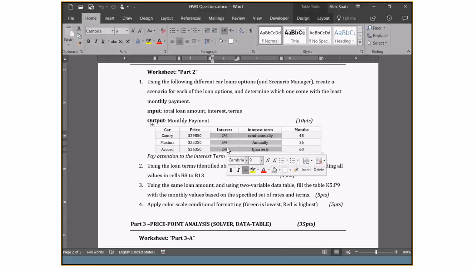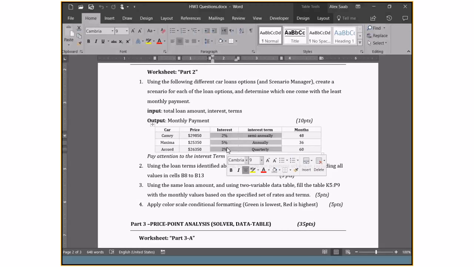The standard is annual. So anytime you have rates at different terms, convert them to an annual rate. You notice the interest, I didn't mention here, annual interest. What's the interest term? This is 2% semi-annually. That means it's 4% annually.